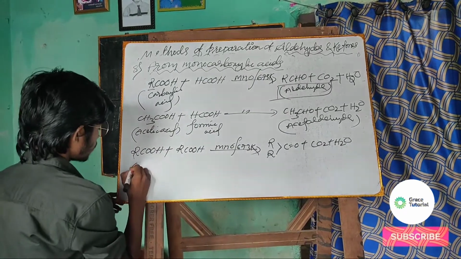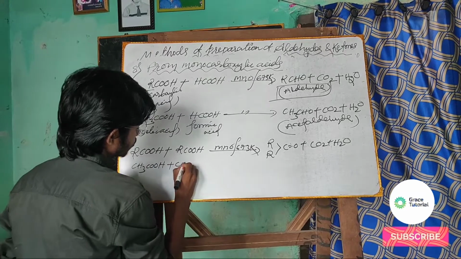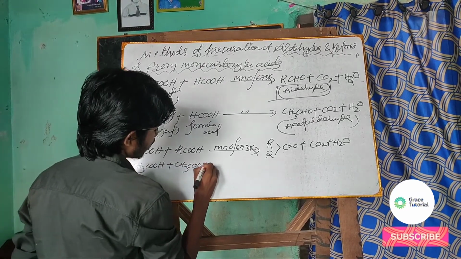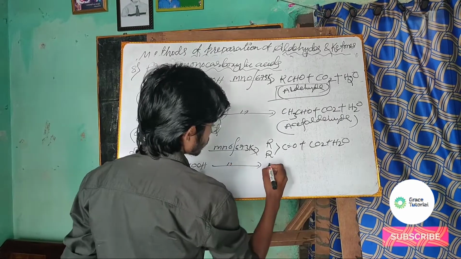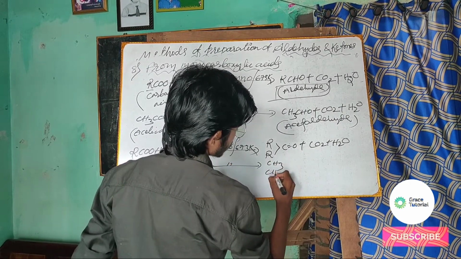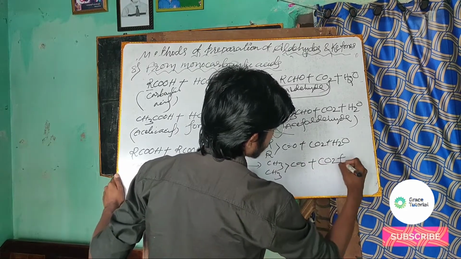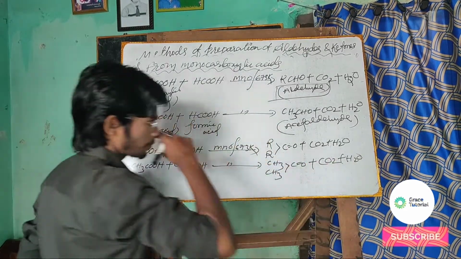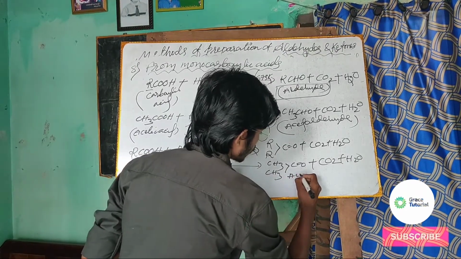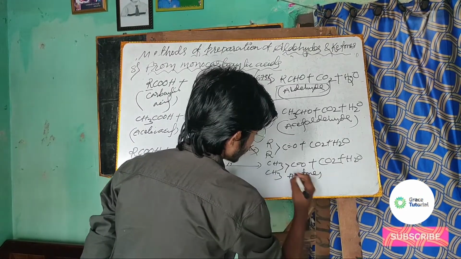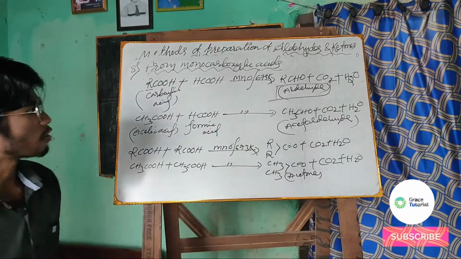The specific example is a mixture of CH3COOH, acetic acids, with MnO, giving CH3 C double bond O, acetone, carbon dioxide and water. In this way the ketone is obtained from monocarboxylic acid.